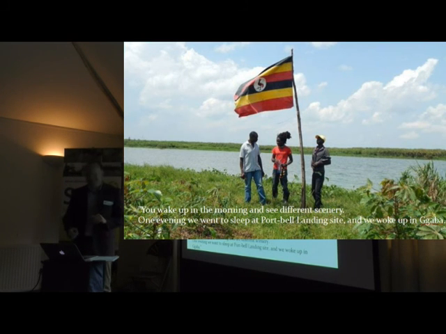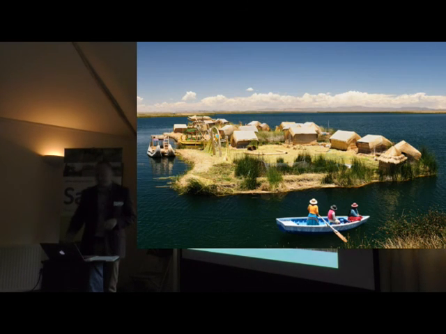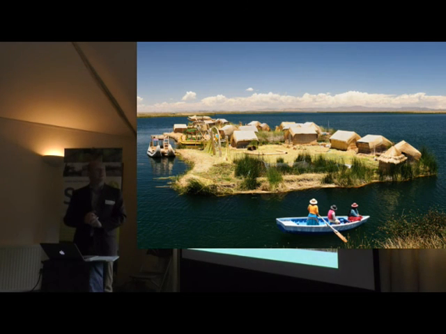And they have a flag, so they know where they've moved during the night. And this is probably the most famous one, in Lake Titicaca in Peru. These are made from reeds, and they live on these islands. So these islands are not attached to the bottom. These are floating around. Okay, they anchor these ones here.